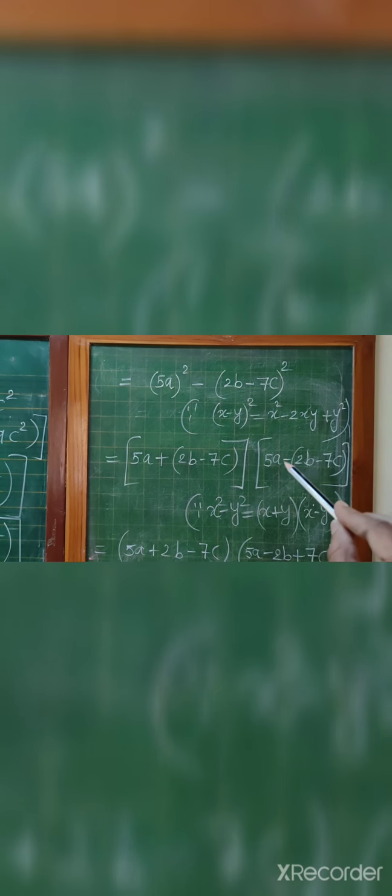So 5a plus 2b minus 7c, and 5a, out of the bracket negative sign, 2b minus 7c. When we simplify the bracket, 5a plus 2b minus 7c, 5a minus 2b plus 7c. So the answer will be 5a plus 2b minus 7c, 5a minus 2b plus 7c.